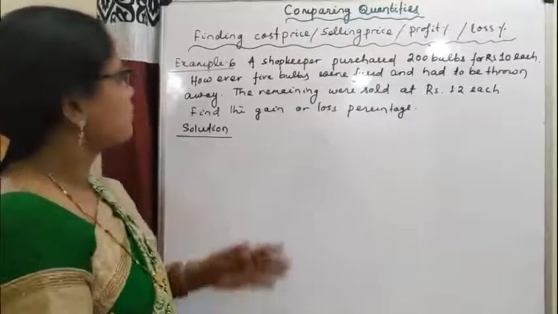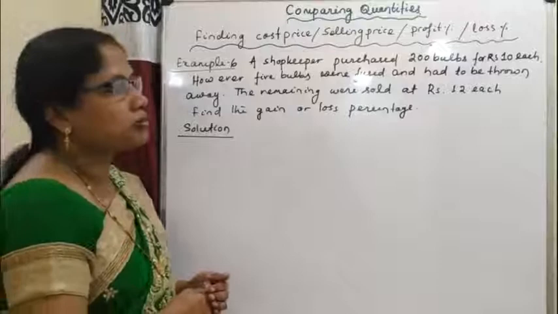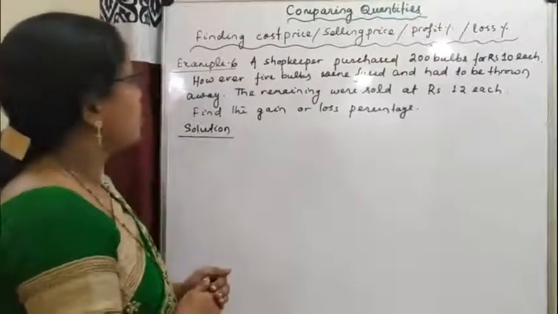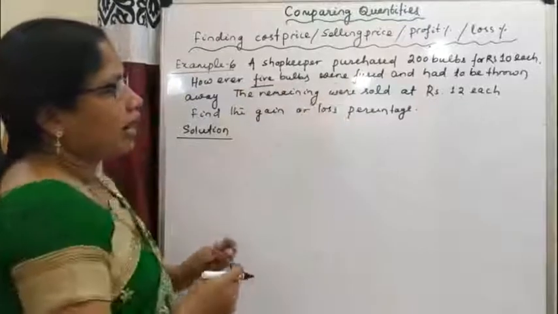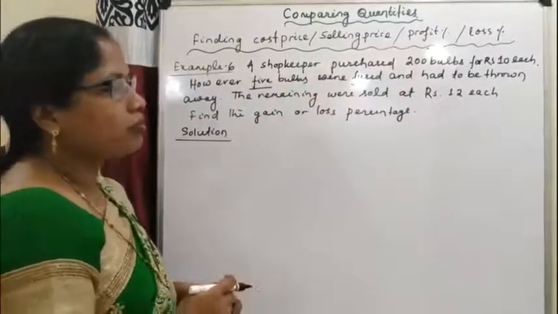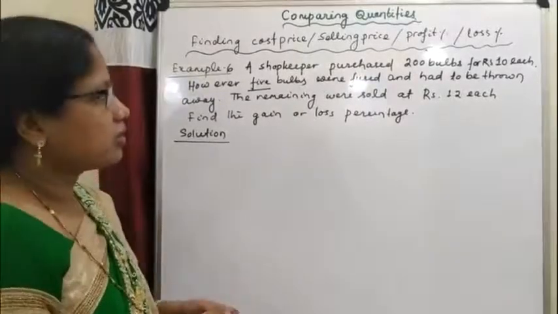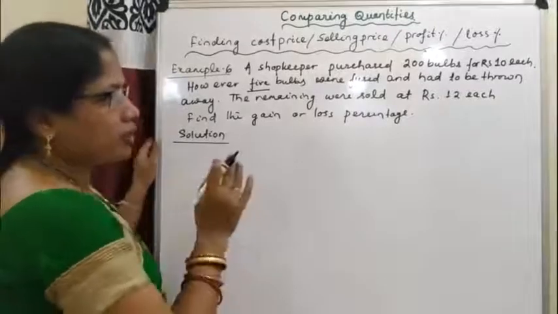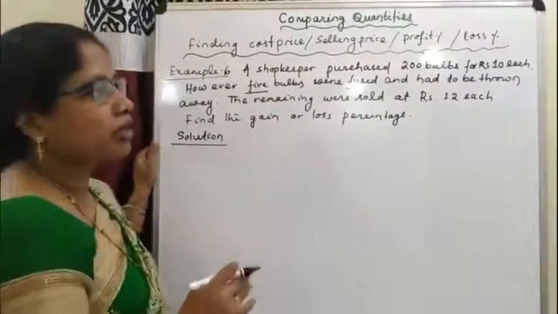So let us solve this example. A shopkeeper purchased 200 bulbs for rupees 10 each. However, 5 bulbs were fused and had to be thrown away. The remaining were sold at rupees 12 each. Find the gain or loss percentage. So here we have to first calculate the cost price of 200 bulbs.